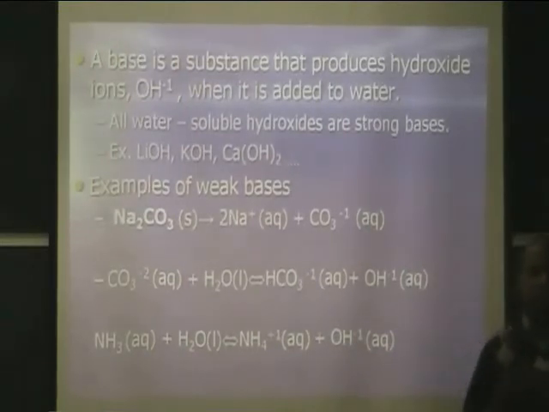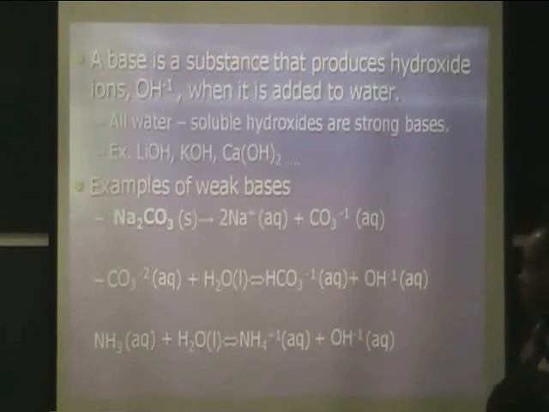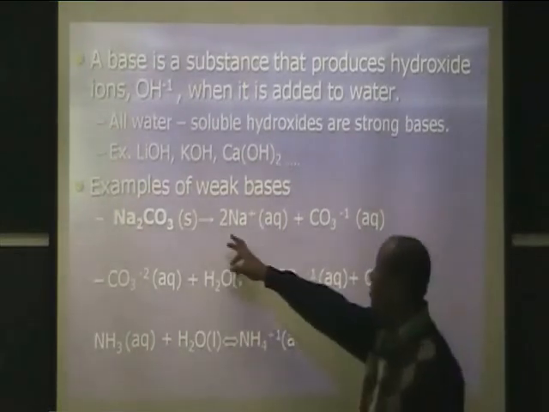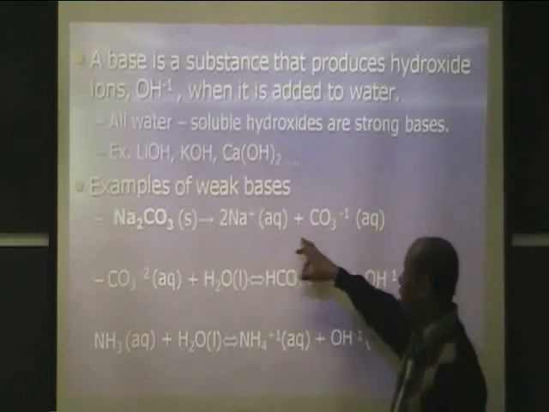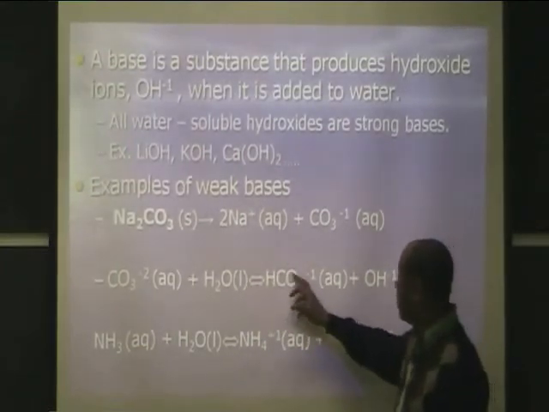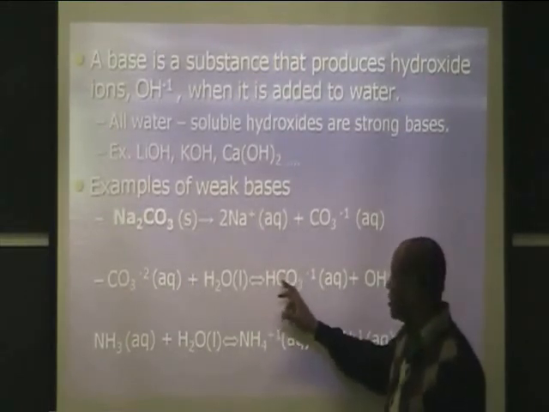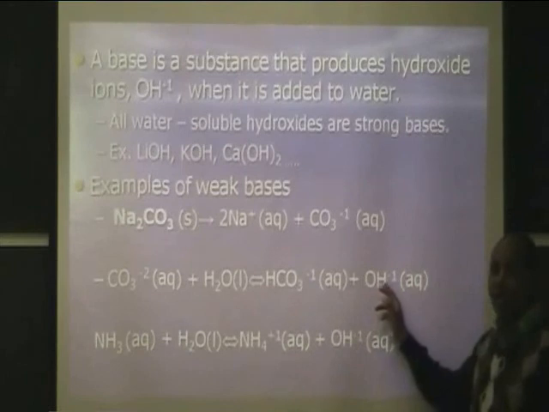A base is a substance that provides hydroxide ion when it dissolves in water. If you think about carbonates, when mixed with water, one of the more common ions formed is bicarbonate ion and hydroxide ions.